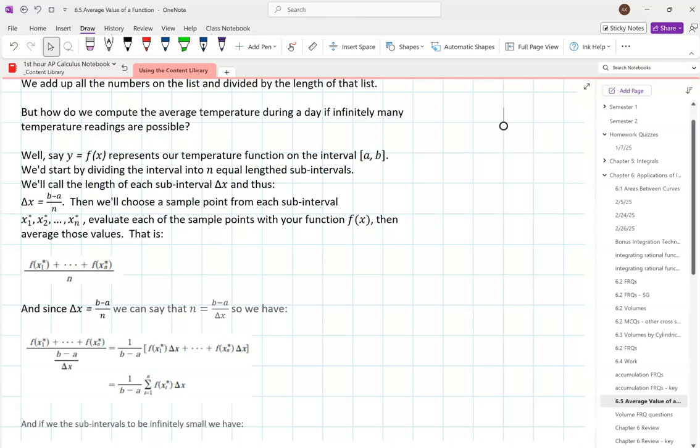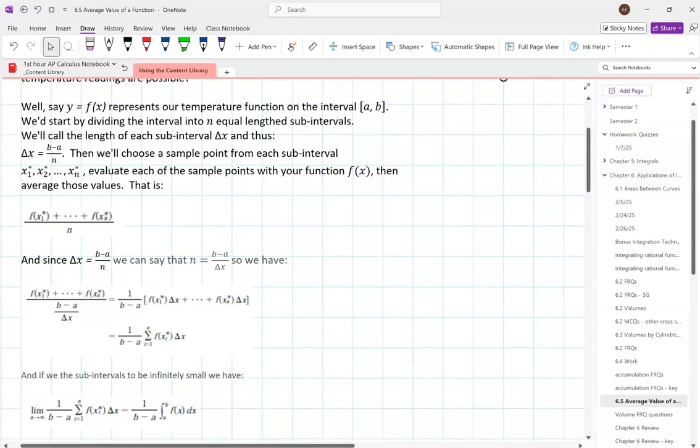And since delta x was b minus a over n, we can say that n is equal to b minus a over delta x. So I throw that into the denominator instead. If I then divide the fraction, I have 1 over b minus a times this big infinite sum.